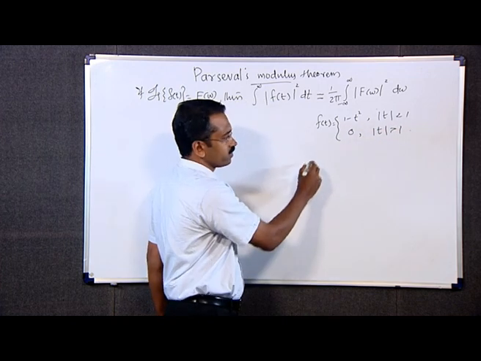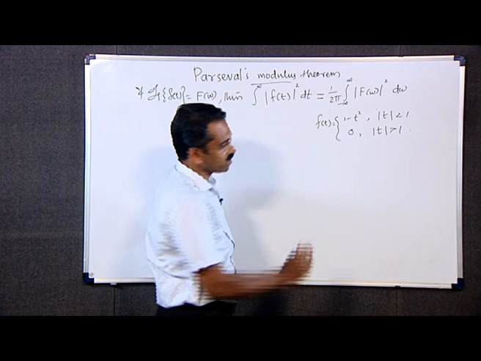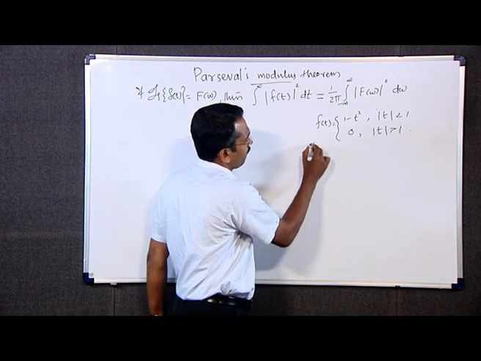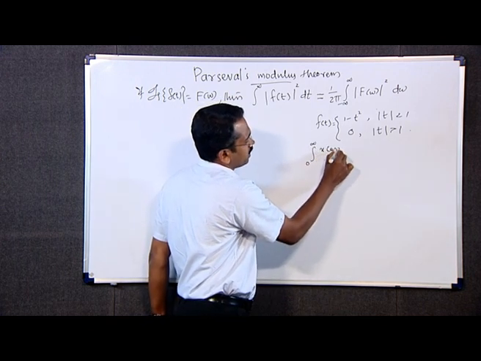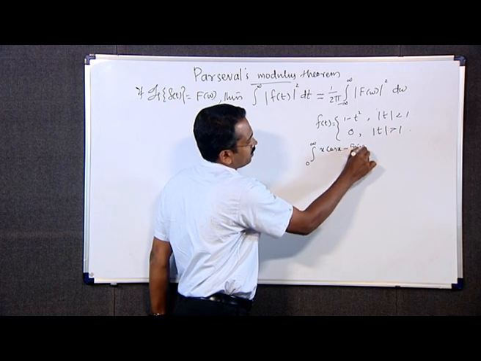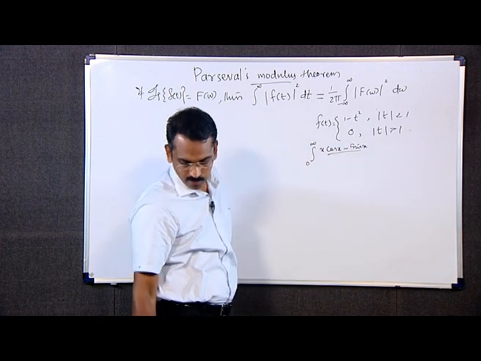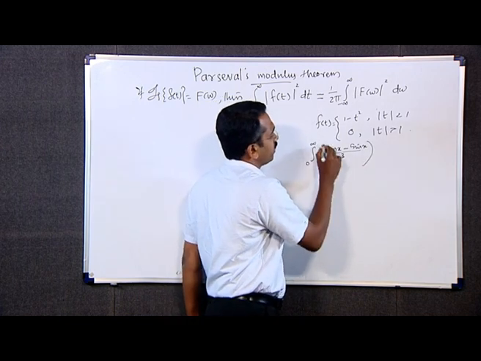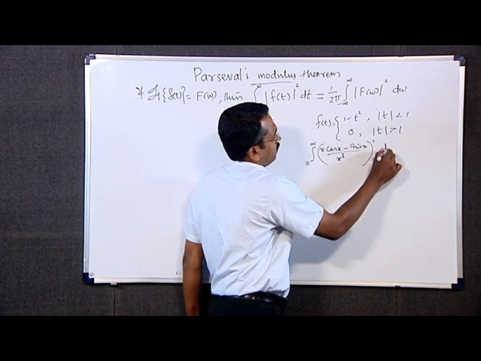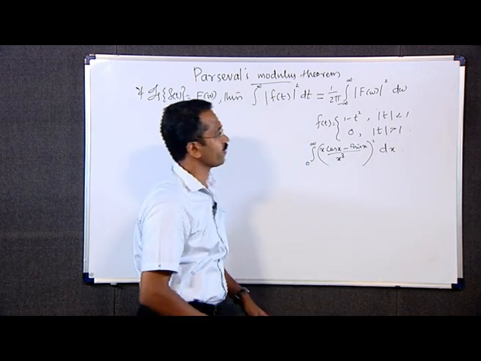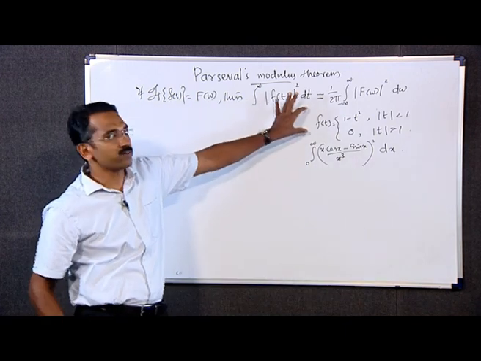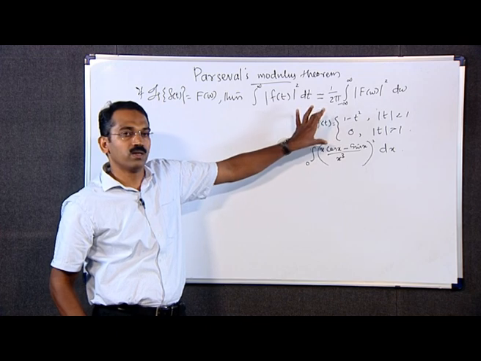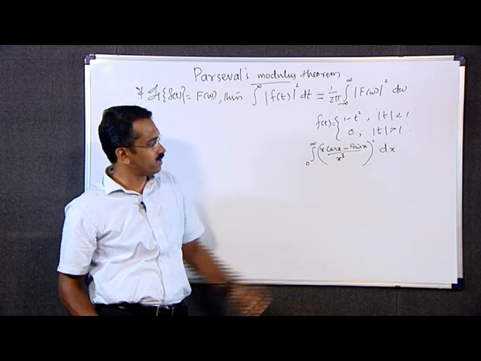Hence, evaluate integral from 0 to infinity of x cos x minus sin x divided by x cubed, the whole squared, dx. We have to find the Fourier transform of this function and hence evaluate this integral.